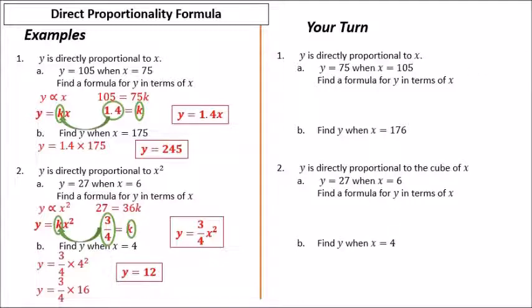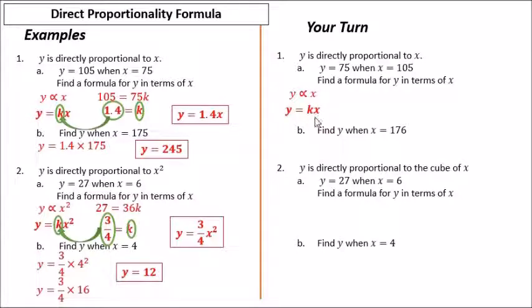Y is directly proportional to x, so we can write the proportionality equation again. Y is proportional to x. Y is equal to 75 when x is equal to 105. This is similar to the first question on the left, except I've swapped around the 105 and the 75.